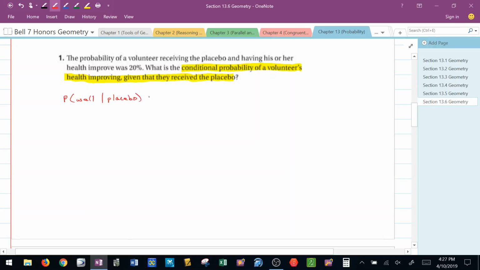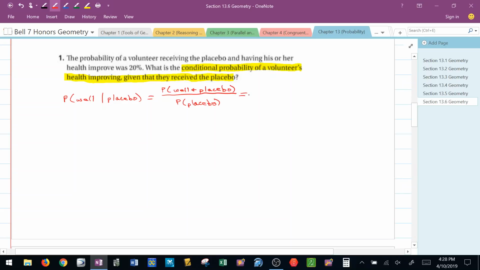Once again, I do the probability of well and placebo, or placebo and well, divided by the probability of the placebo. Notice how the given part is the denominator.